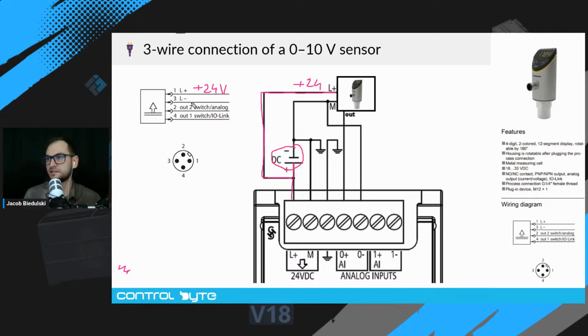And the second connection, L minus, this is 0 volts potential, and it goes to L minus or 3. If you look into the plug, the third pin would be L minus. This is 0 volts, okay? And we have 2 wires that go to the analog module, to the analog channel.